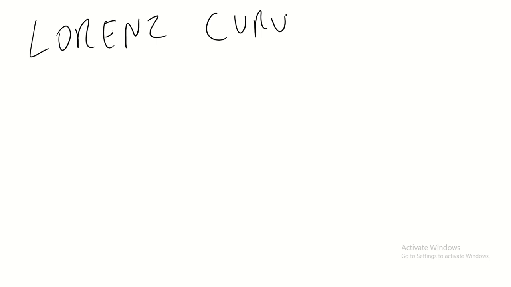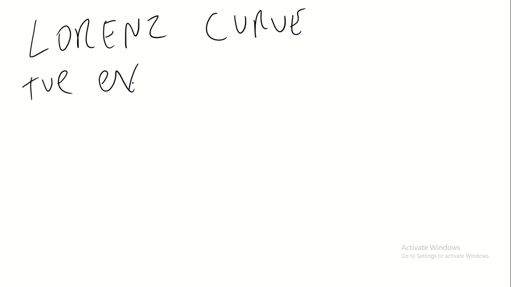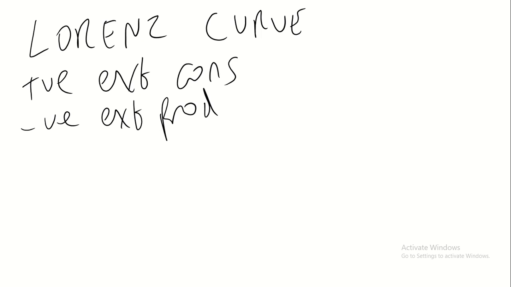The next thing I need is diagrams. Okay, so I would like diagrams. You can pause the video and draw all these. For inequality, we'll do the Lorenz curve. Let's do positive externalities in consumption, negative externalities in production.